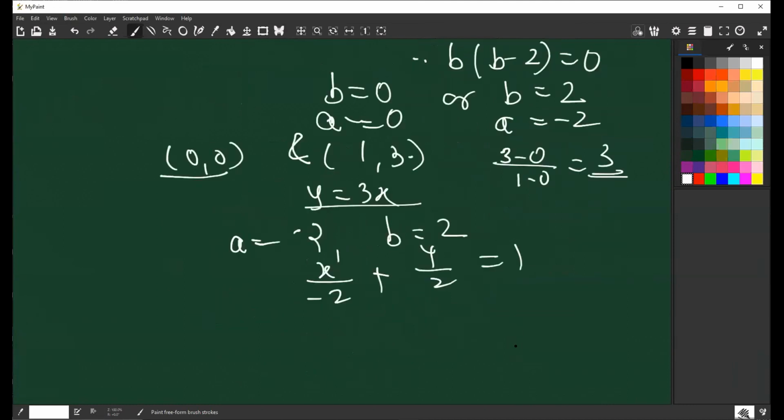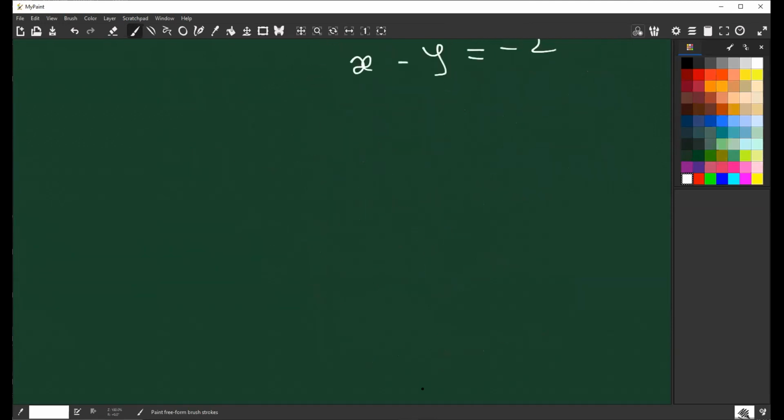So multiplying throughout by negative 2, you will have x minus y is equal to minus 2. Everybody got this. Only somebody had missed one of the options. Are you clear about this sum also? Have you followed? Very good. Is this speed okay now?